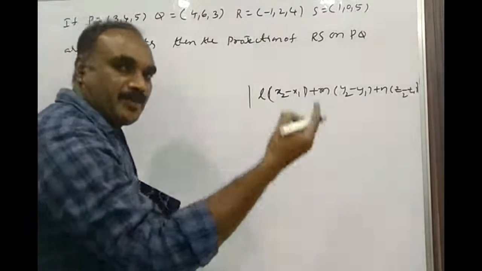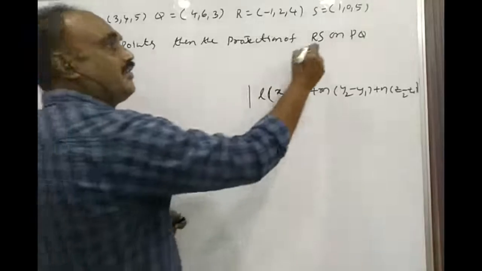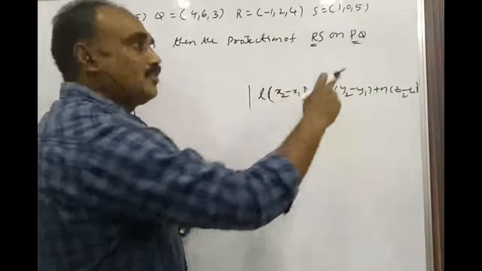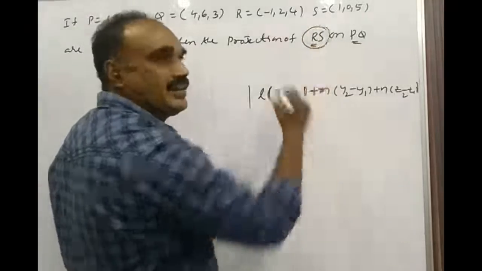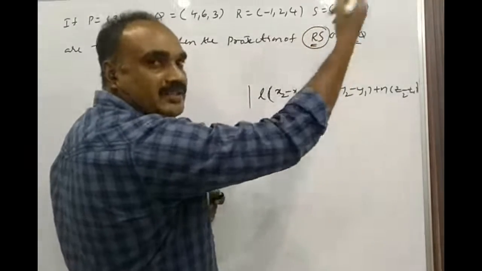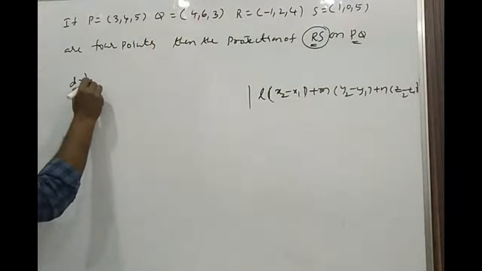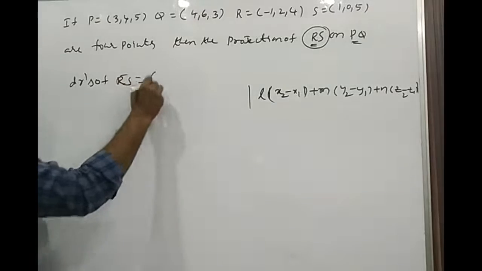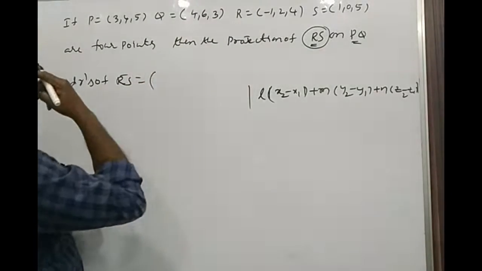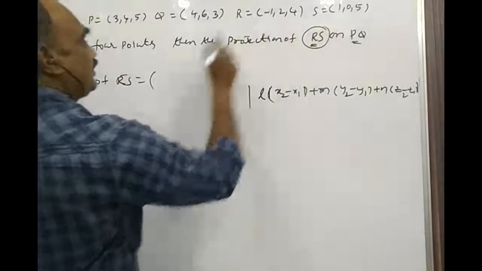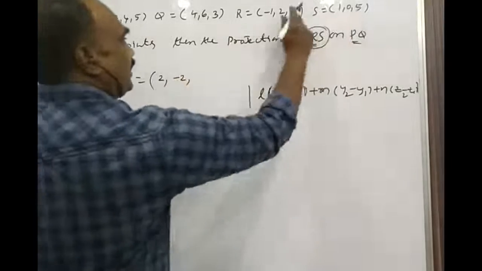Friends, the projection of AB bar on the line whose direction cosines. Here the projection of RS bar on PQ bar. Here calculate direction ratios of RS bar and direction cosines of PQ, l, m, n. Apply this formula. Direction ratios of RS bar: formula x2 minus x1, which is 1 minus minus 1, 2; y2 minus y1, 0 minus 2, minus 2; z2 minus z1, 5 minus 4, 1.